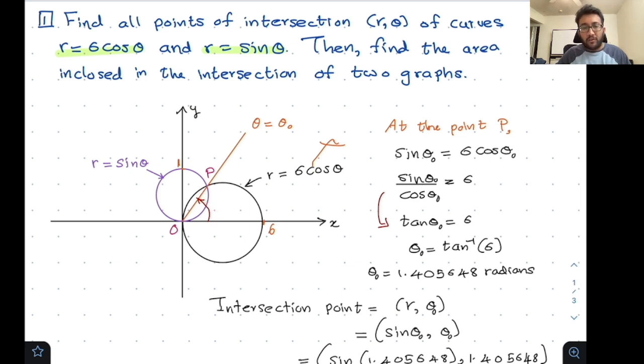Okay, now how do you find the distance between origin and point P? Now I know the angle, and this formula gives me the relationship between angle and the distance between origin and point P. Now I know my angle, and if I plug my theta naught into this function or this function, I can find the distance OP or r, right?